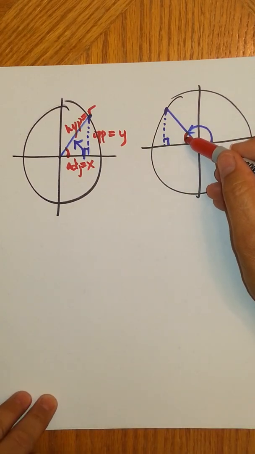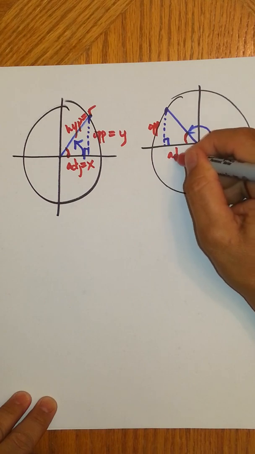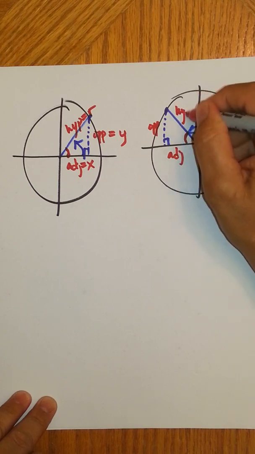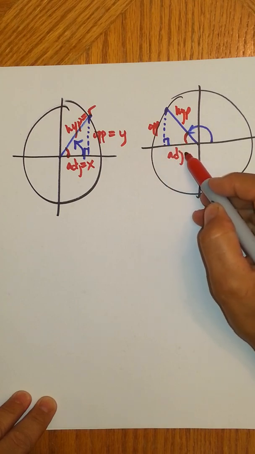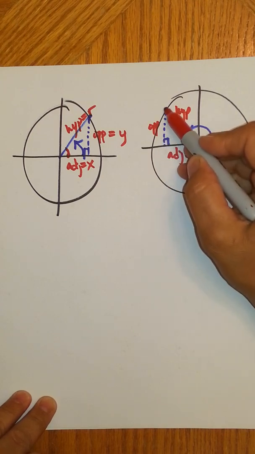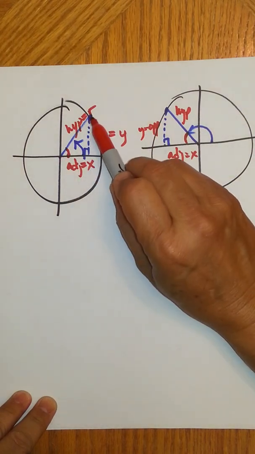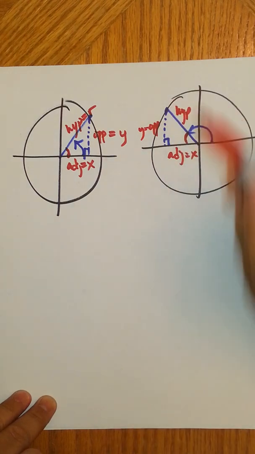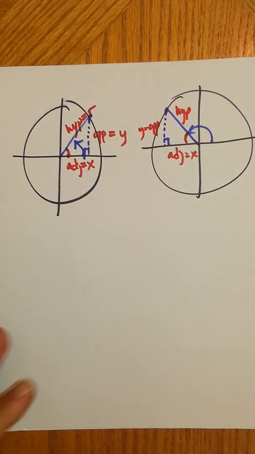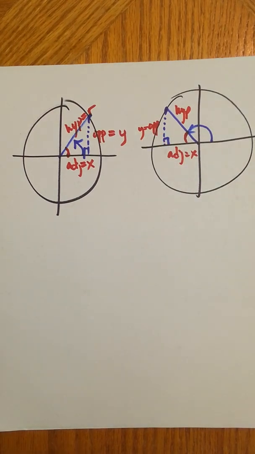So relative to this reference angle, this is the opposite, this is the adjacent, and this is the hypotenuse. Okay? But you can see this is the x-coordinate, this is the y-coordinate of this point, right? Just as it was here, over x up y would give me the coordinates of this point. So indeed, this is staying the same, where the adjacent is x and the y is the opposite. Let's see if it continues.